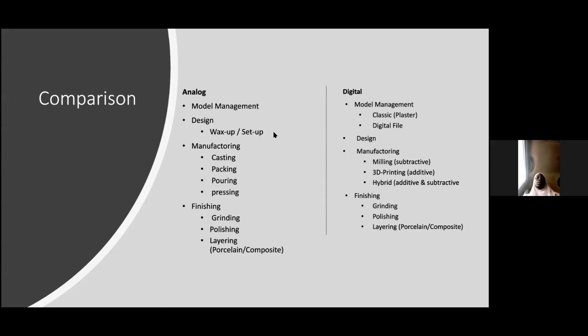Most probably you will jump in at the designing part, because you normally still get an impression from your dentist, and then you can scan it, design it. If you have your own manufacturing part, you can do it by yourself, or you just send it out to a colleague.